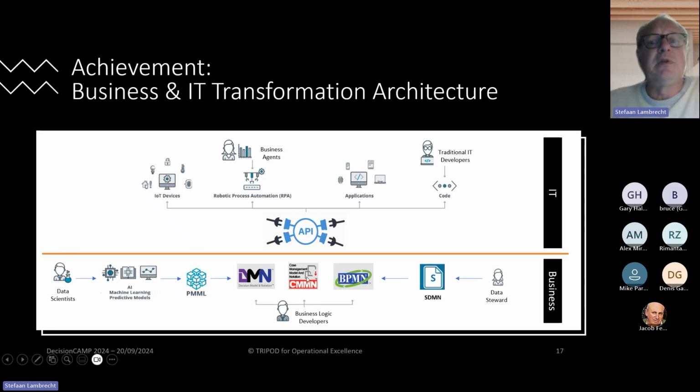Building decision models on the business side, case models, process models, etc. It is a métier. It is really something you have to be equipped for. You need to have the right skills, know-how, expertise to do it in a good way, to do it in a very structured way. And it is as professional as what IT developers are doing. So that's why I use different terms here.